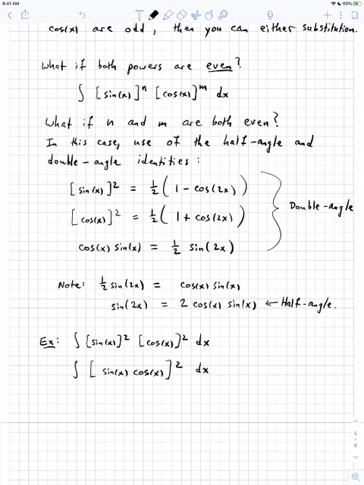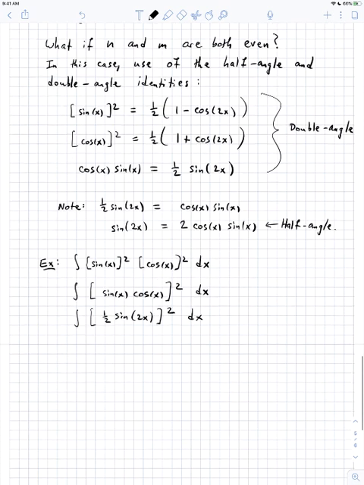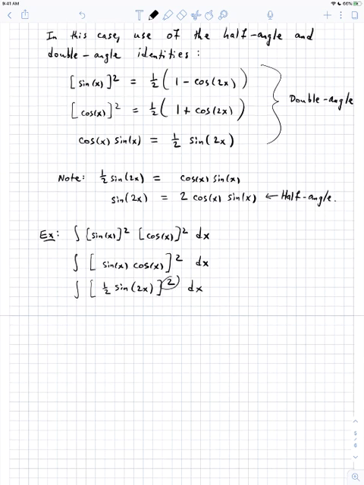Now sine x times cosine x, as we have here, I've written cosine times sine, but it's the same. So this is going to be 1/2 sine of 2x. So this is the integral of 1/2 sine 2x, and we're going to raise that to the 2 power. You can take out the 1/2, but you have to square it.